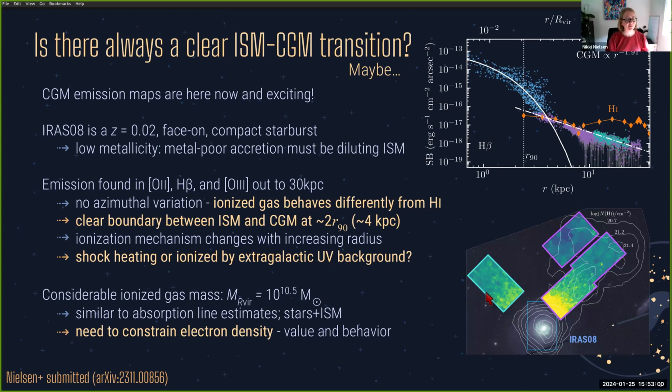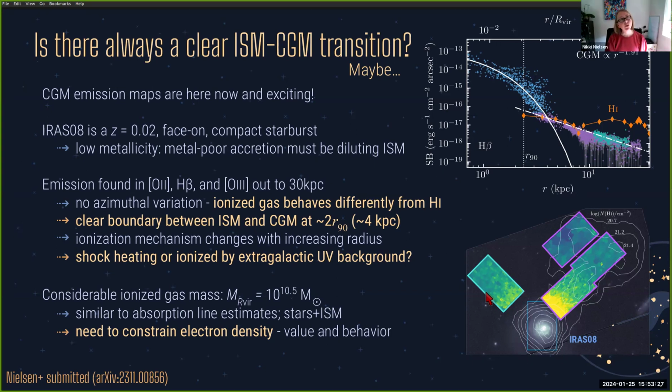You could cover the whole thing with ionized gas that's basically up above the H1. That's consistent with the rest of the story where the cool gas is coming in along the major axis and the ionized gas is coming out on the minor axis. That would seem to explain what you're seeing here. So I was just wondering what your thoughts are about that interpretation.